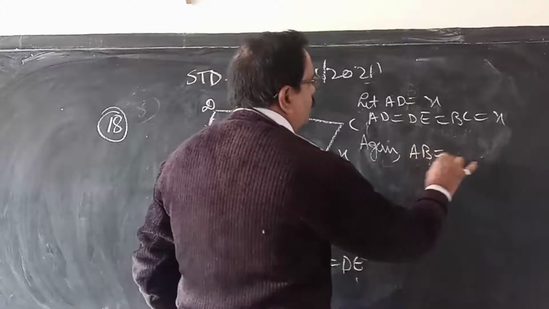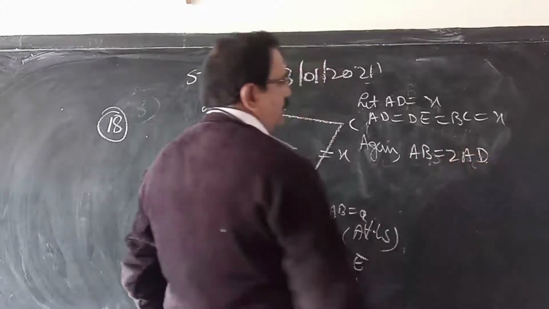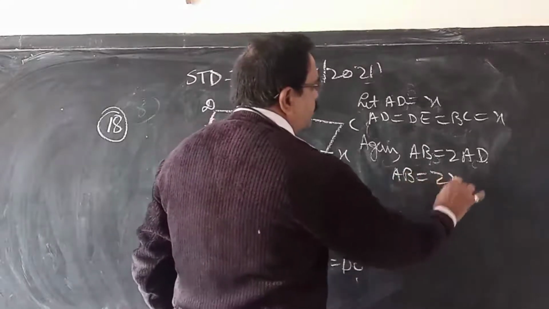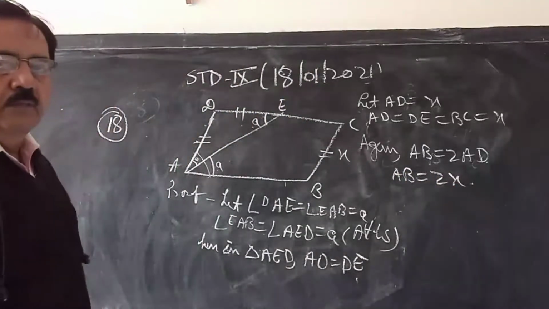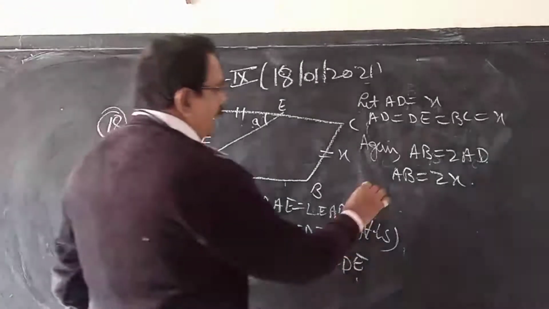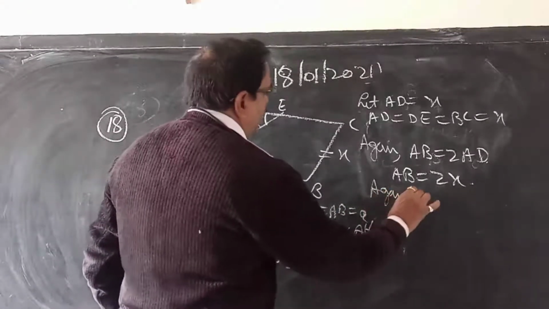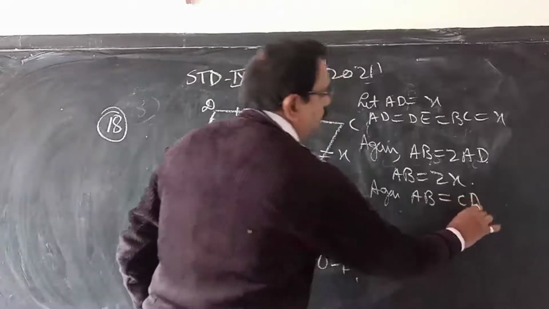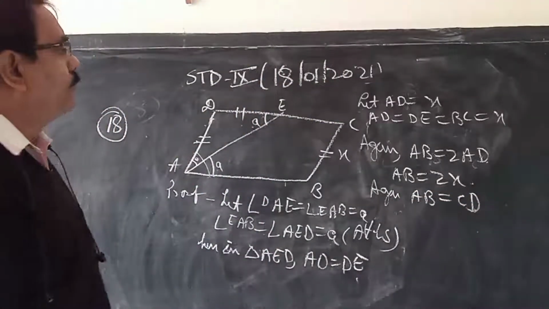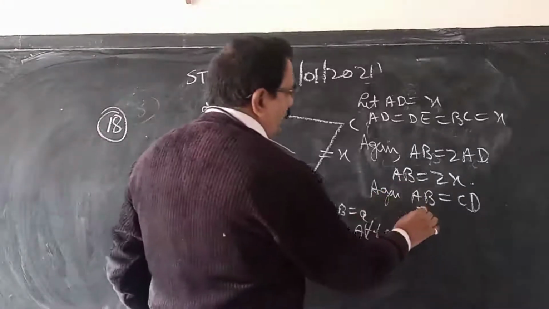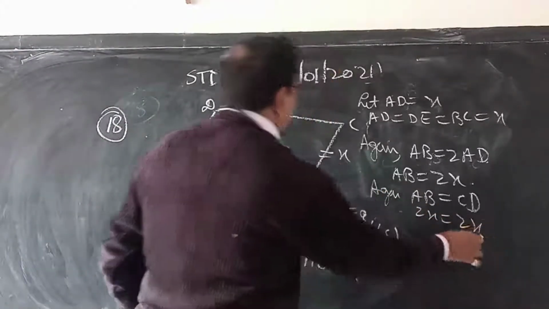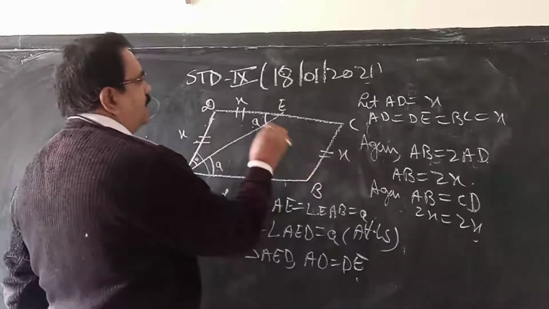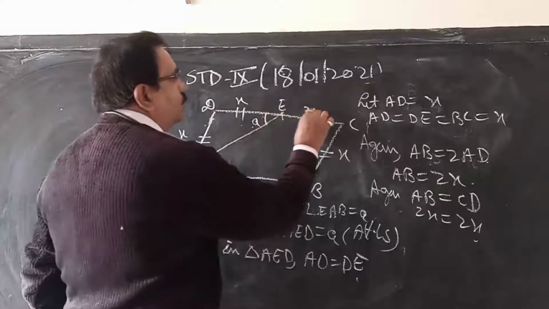AB is equal to twice AD, so AB is equal to 2x. Since AB equals CD, opposite sides of the parallelogram, CD is also 2x. So see here, DE is x, which means EC is also x.